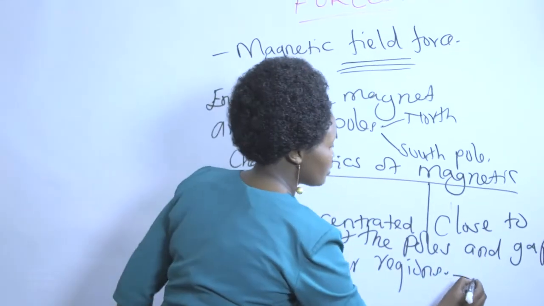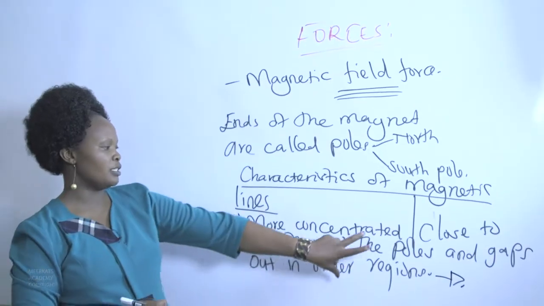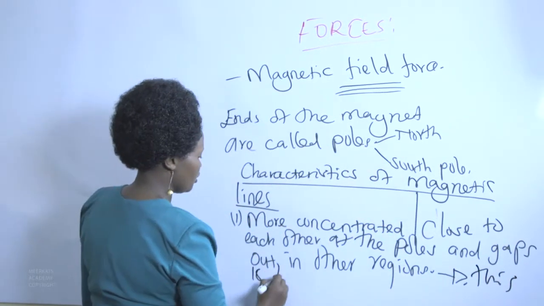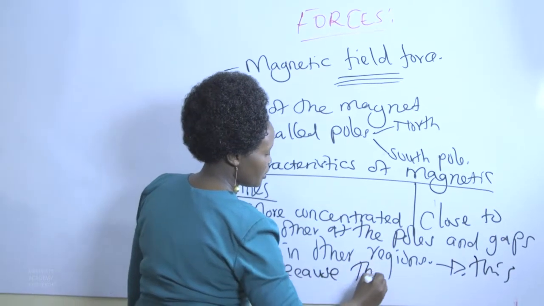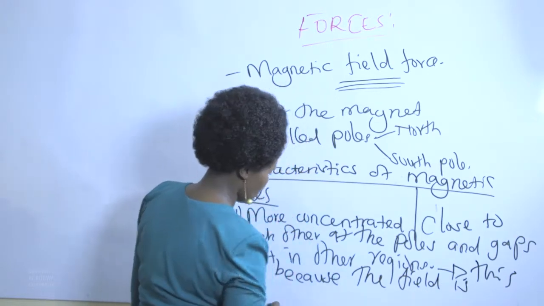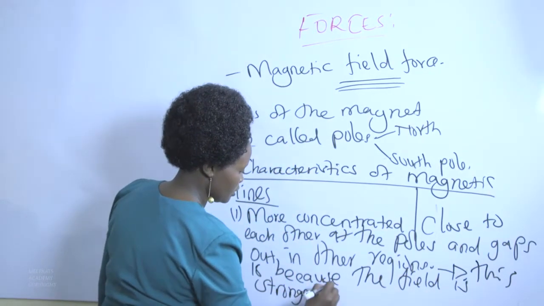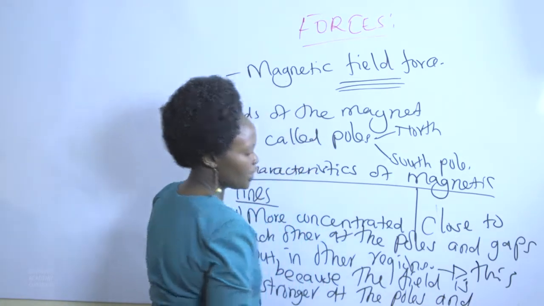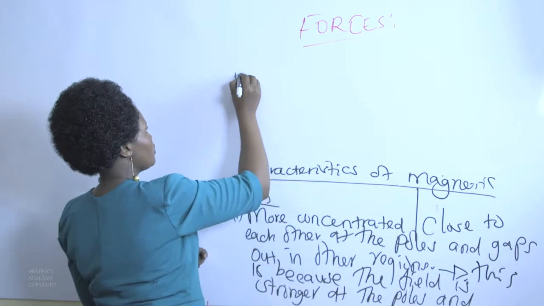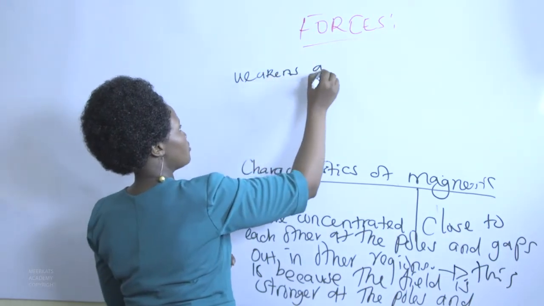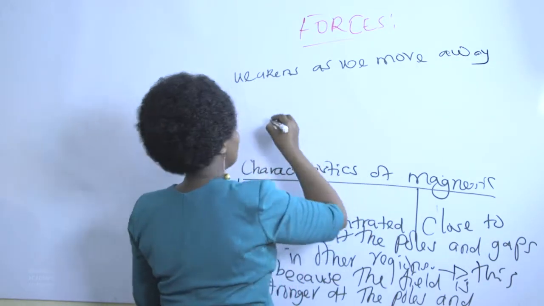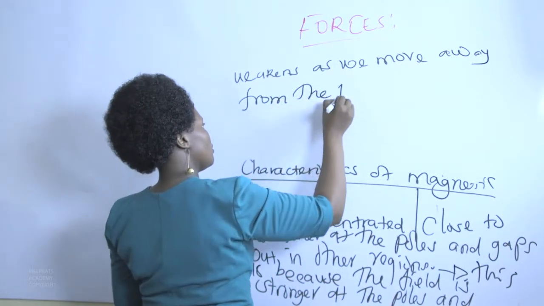Now, another thing we have to note is the reason as to why the iron filings behave like that, and it is actually because the field is stronger at the poles, and weakens as we move away from the poles.